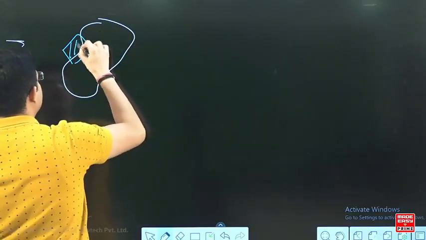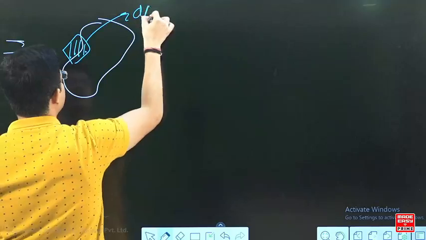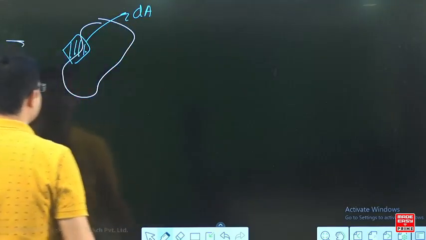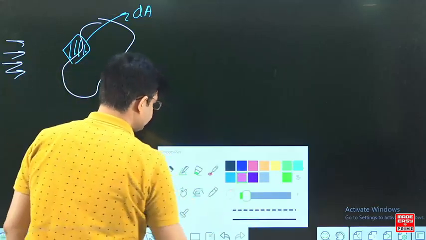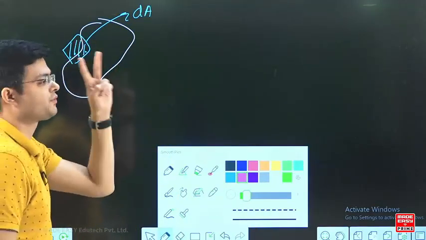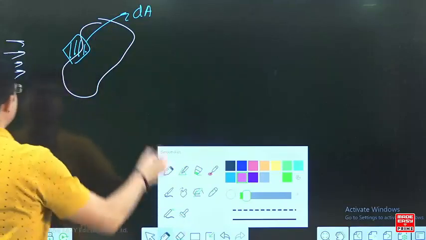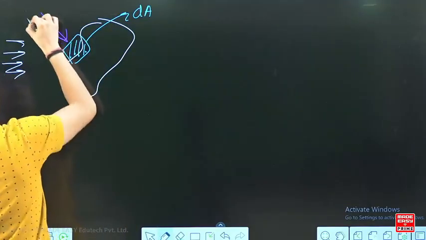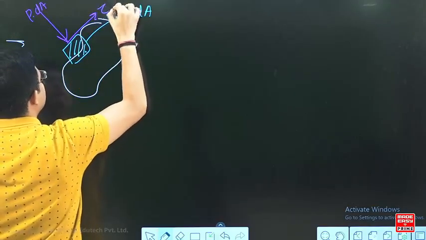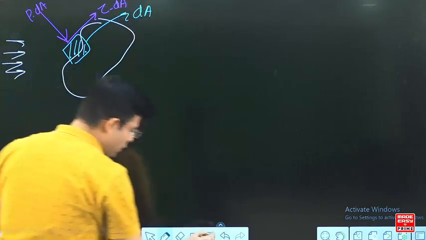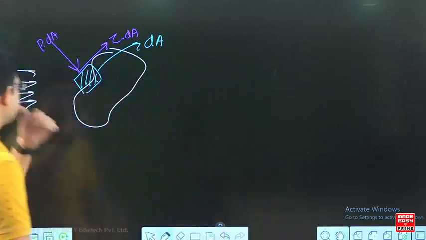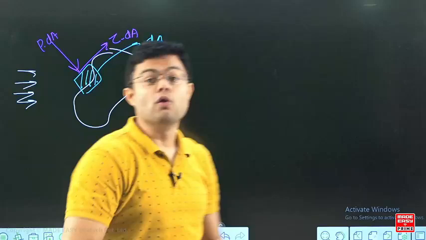For example, if I take a very small area on this body, that is dA, then over this small area 2 types of forces will apply: pressure force and shear force over the body.